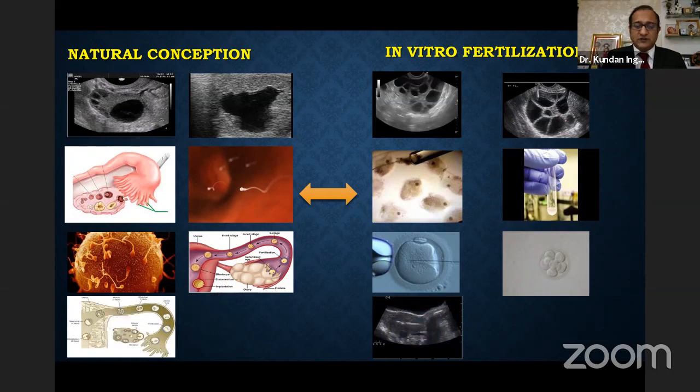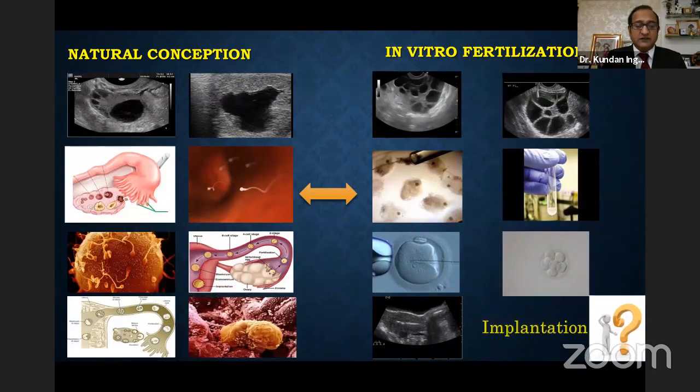Then transport of the embryo, where in IVF we do embryo transfer. And the most rate limiting step is implantation, where the embryo implants into the endometrium. That is a very important step when it comes to IVF. So these 7 processes out of 8 are under our control.